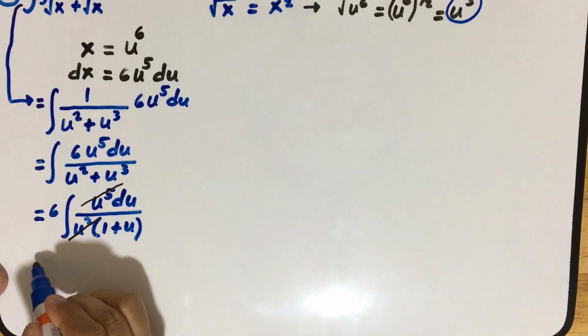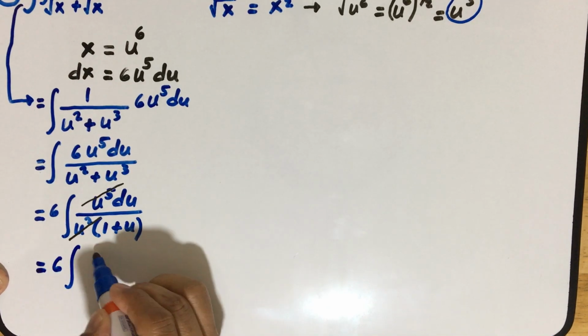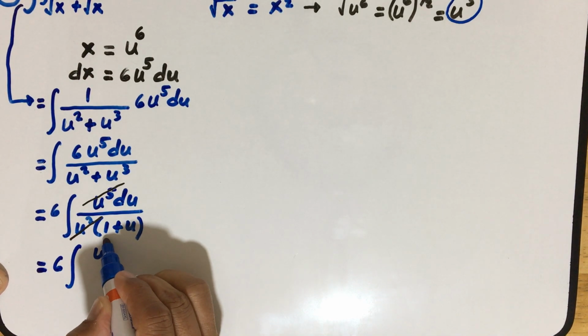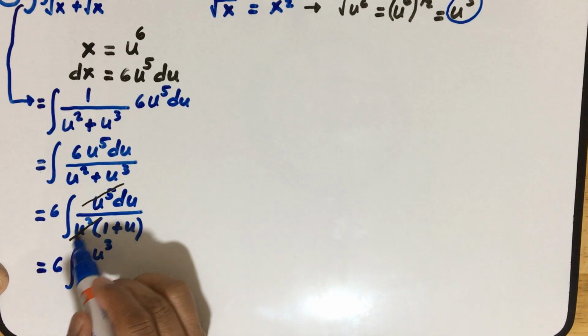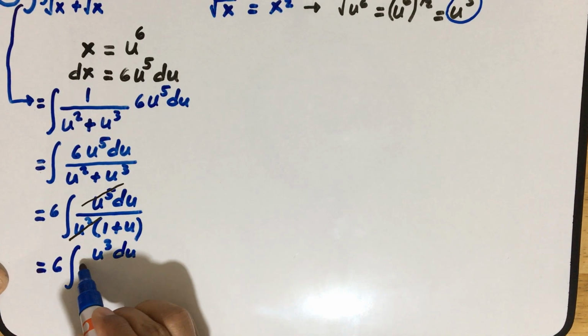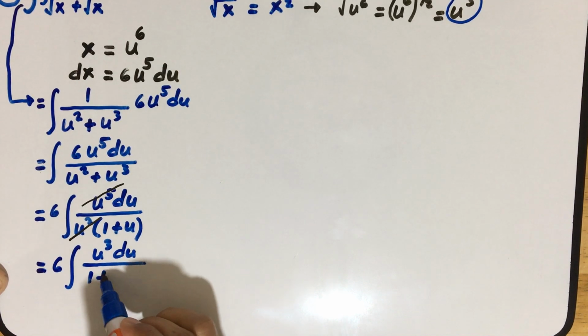Our numerator becomes u cubed, because we already factored out the u squared, du, then divided by 1 plus u.